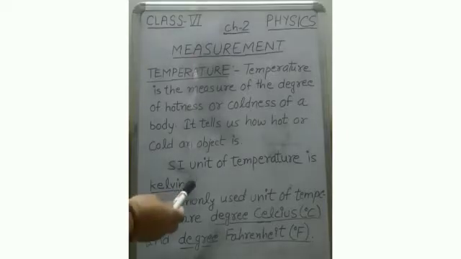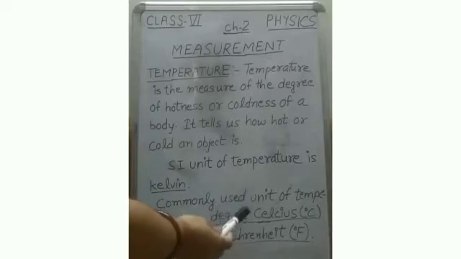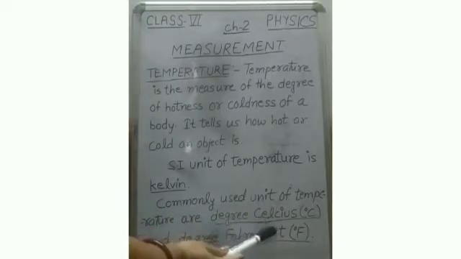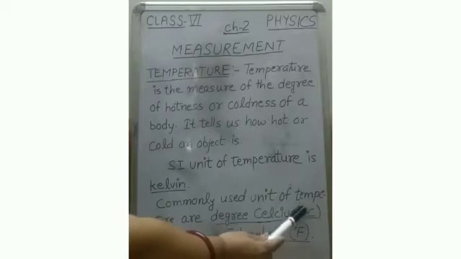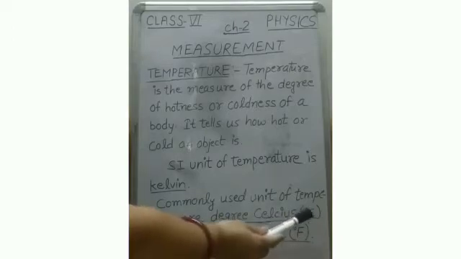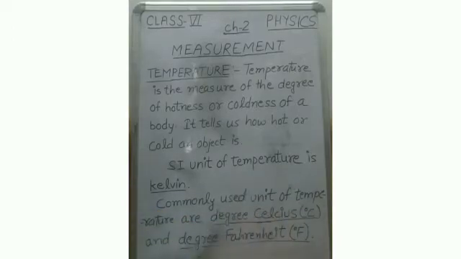The SI unit of temperature is Kelvin. Though the SI unit of temperature is Kelvin, commonly used units of temperature are degree Celsius and degree Fahrenheit. We denote it like that. This small 0 denotes degree and C represents Celsius.